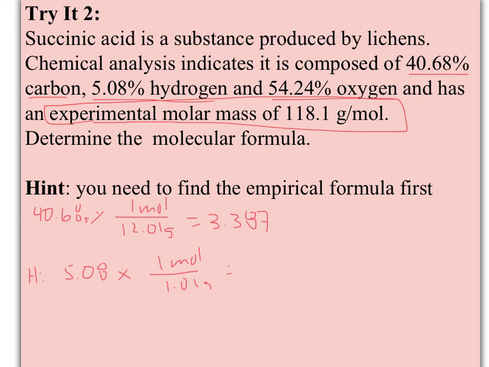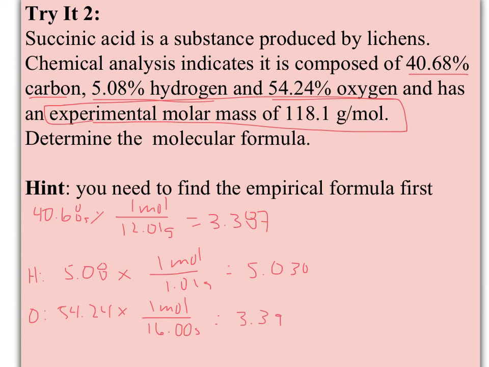So it's going to be very close to 5, 5.030 moles of hydrogen. And then my oxygen at 54.24% or grams can be converted with 1 mole weighing 16 grams. So a little less than 4, 3.39 moles.